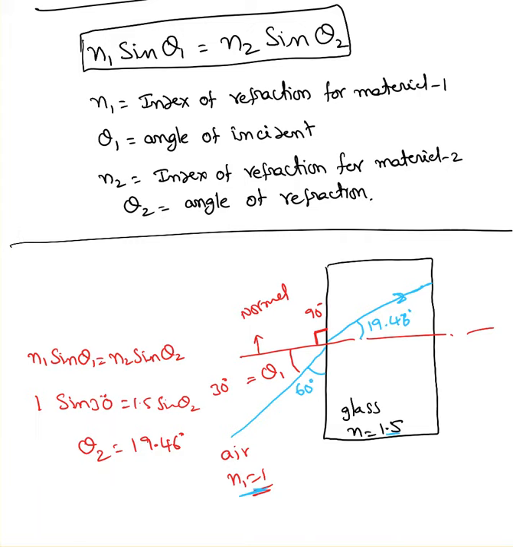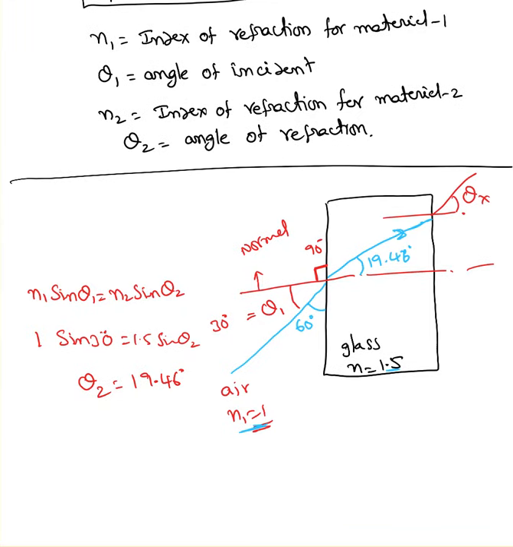Now from here, here is another normal. Our goal is, what is this angle, theta x, equal to? Once I know theta 2, can I take this angle also the same as 19.46?